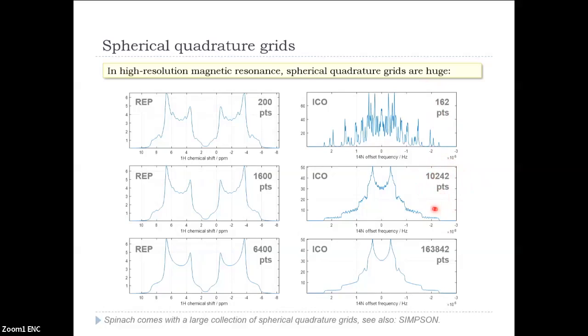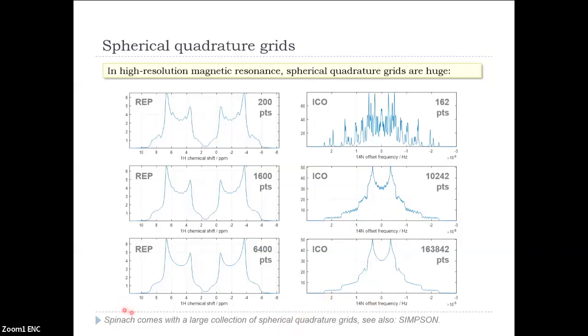It's not terribly satisfactory even with 10,000 points. You need 160,000 independent simulations to converge this powder average. There are various other ways in frequency domain, like EPR spectroscopy. You can do adaptive spherical grids in that case, and things become a little bit better, but it is only possible if you have slow passage type detection.